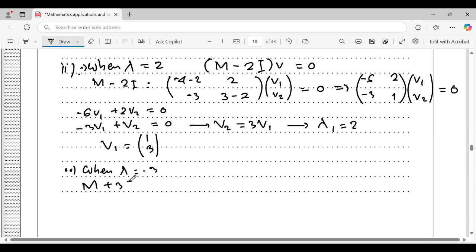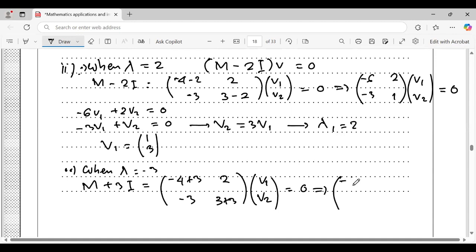M plus 3I equals minus 4 plus 3, minus 3, 2, 3 plus 3, times phi 1, phi 2, because we need to calculate the eigenvector, equals 0. So it becomes minus 1, 2, minus 3, 6, times phi 1, phi 2 equals 0.